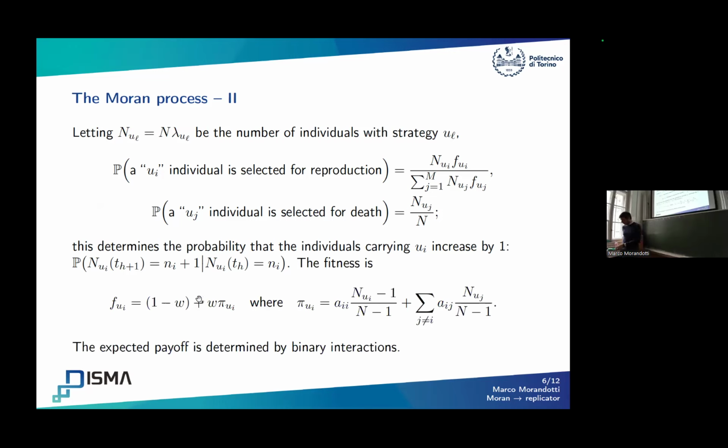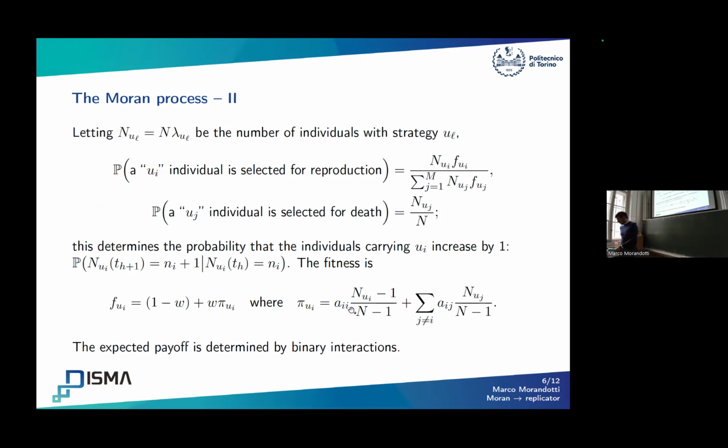So the rule for the payoff I gave you before already a couple times. The payoff now is given by this expression here, which counts the encounters that you can make. So basically, if I am an agent carrying strategy UI, then I can meet n-1 other agents. So that's explained in the denominators. N of UI minus 1 of which have my same strategy.